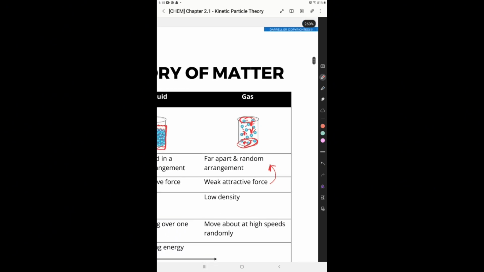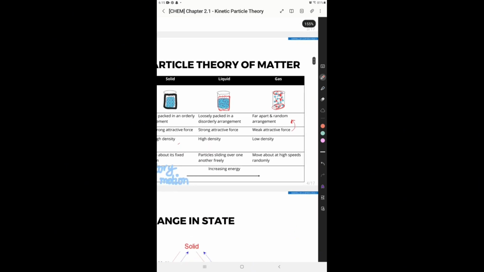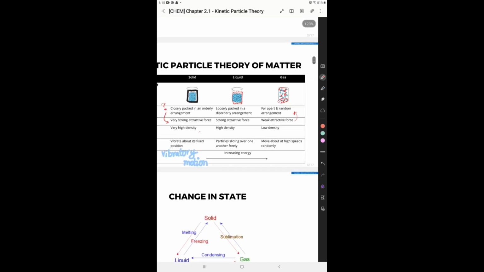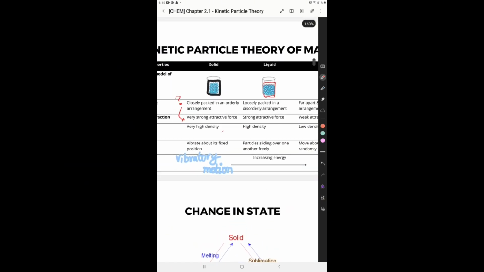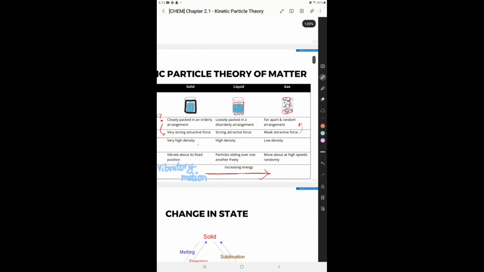They don't care about anyone else. They are just roaming at high speeds. And then they have given us a straight trend: with the movement in the states, from solid to liquid to gas, the energy is increasing. In the solid the energy is less, in the liquid the energy increases, and gases have the most energy.